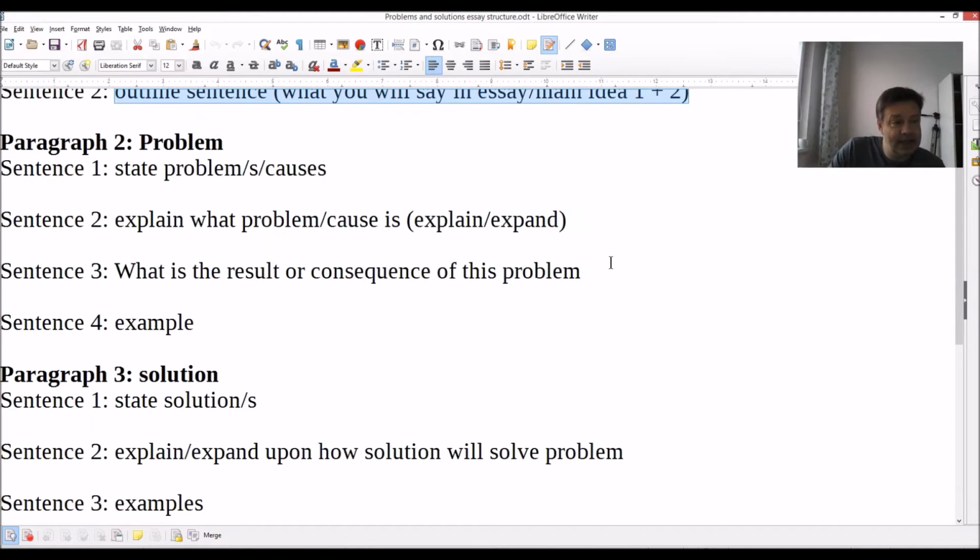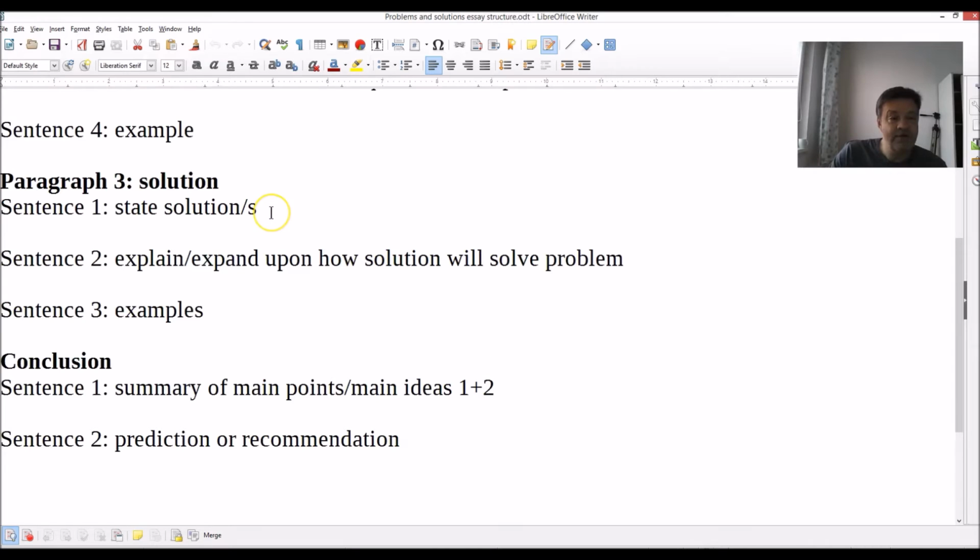So if you look at paragraph 2, it's the problem paragraph. Not a surprise there, not too difficult. So, the problem, I believe, the problem of this is this. Then you explain it, a result or consequence, and an example.